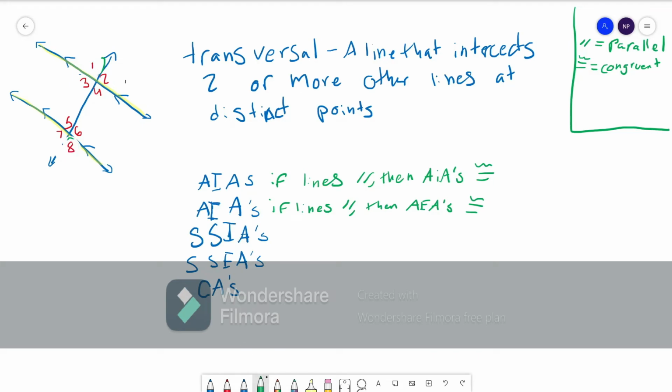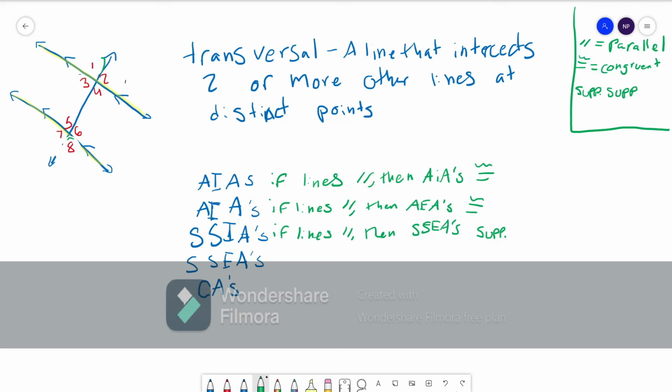Okay, same side interior angles. If lines parallel, then same side interior angles supplementary. So pretty much means they add up to 180. So if this was 100, this would have to be 80. Cool? Cool. So over here, same side interior angles, that would be 2 and 8. So let's just say 2 was 100, then 8 would have to be 80.